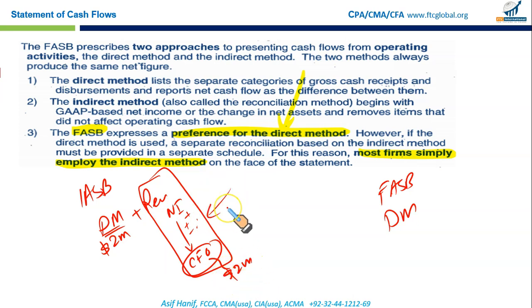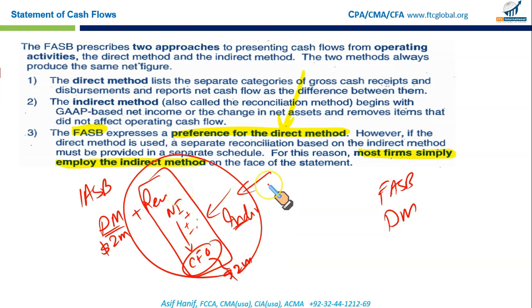And this method, interestingly, is the indirect method. So why don't I just follow this method? I prepare this reconciliation, which is basically the indirect method. So for this reason, you will see that firms in almost all cases follow indirect method. You simply take net income and reconcile it to operating cash flows, which is called reconciliation of net income to cash flow from operations.